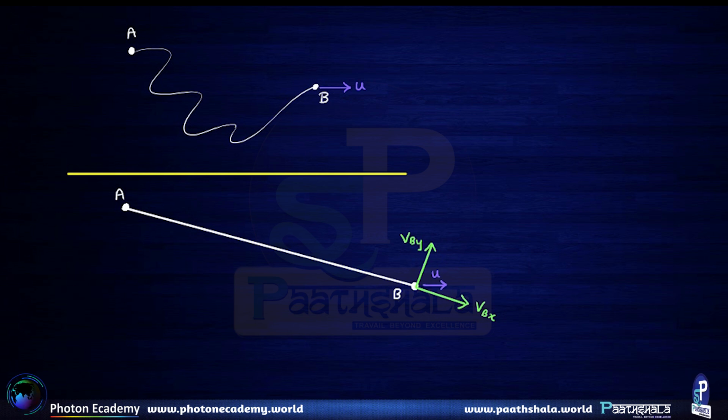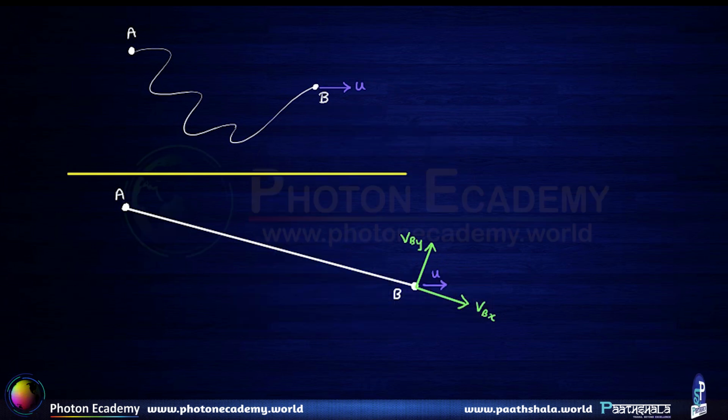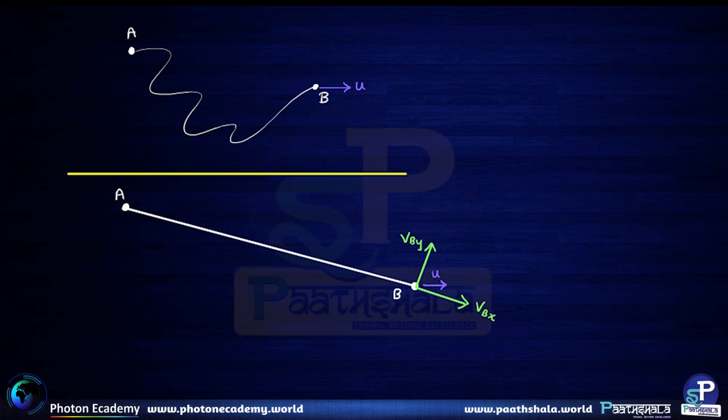So in string collisions, what we need to understand is momentum is going to be conserved along the length of the string, because the length of the string is constant, or it's a constrained kind of motion. After collision, let us say VBX is the velocity of particle B along the X direction.